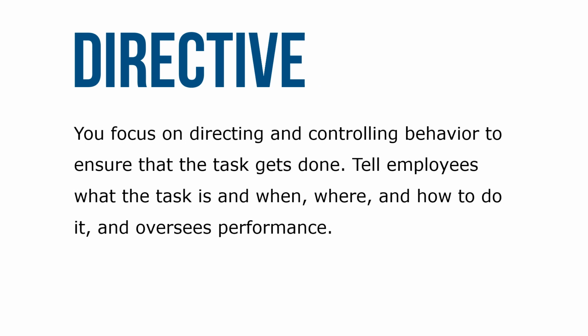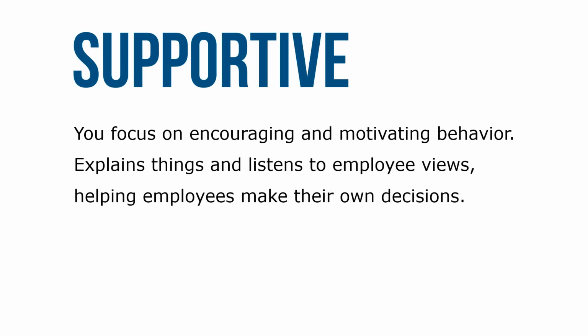Directive behavior. You focus on directing and controlling behavior to ensure that the task gets done. Tell employees what the task is and when, where, and how to do it, and oversee performance. Supportive behavior. You focus on encouraging and motivating behavior, explain things, and listen to employees' views, helping employees to make their own decisions.